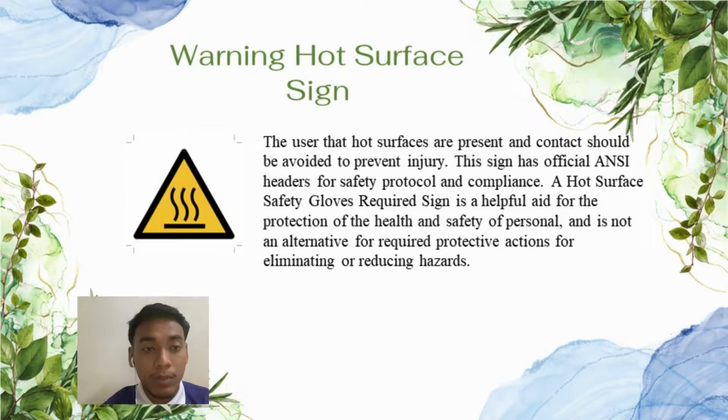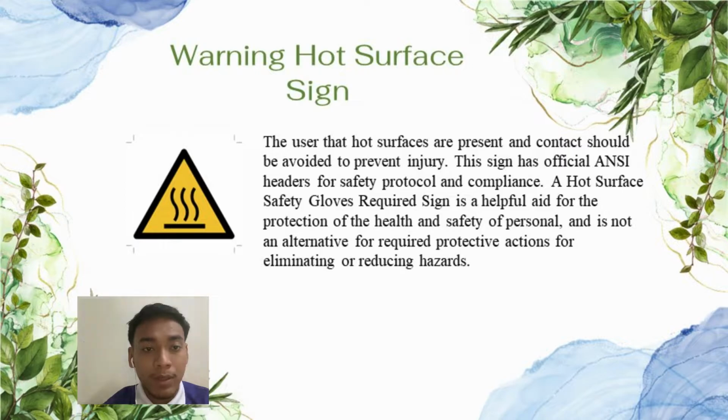Today I want to talk about the selection of the safety and hazard symbols. First, I want to talk about the warning hot surface symbol. This symbol warns that hot surfaces are present and contact should be avoided to prevent injury.